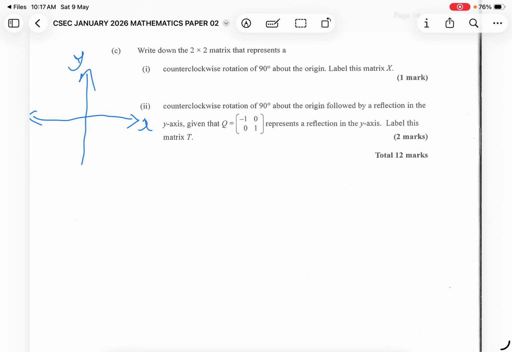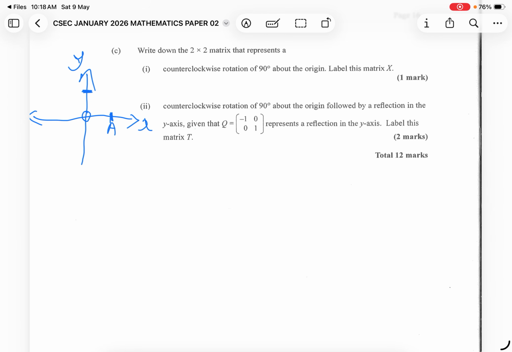What am I doing? I'm trying to figure out what is the matrix for my 90 degree anti-clockwise rotation. And the unit matrix that we're looking for allows only elements of zeros and ones, whether positive or negative.